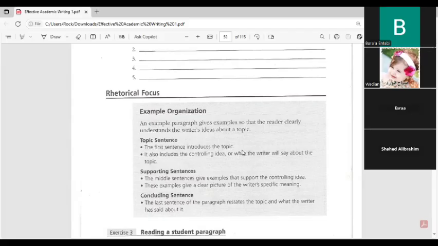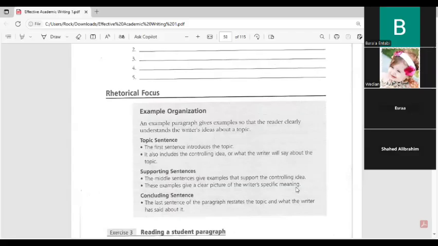This is normal for you. It also includes the controlling idea, or what the writer will say about the topic. This is, I think, familiar. The supporting sentences, the middle sentences, give examples that support the controlling idea. These examples give a clear picture of the writer's specific meaning. So it mainly depends on the examples in order to make the reader understand your ideas.